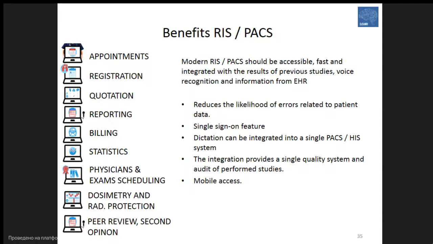With the complete system, you have complete control of the radiology department. Of course, in order to support the safety of the patient, there should be a single sign-on feature, and dictation should be integrated into a single system, PACS and HIS.